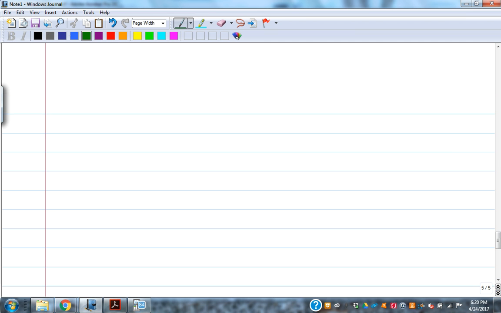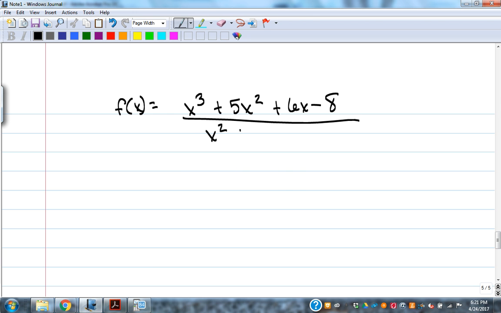So if you had this kind of function, maybe x cubed plus 5x squared plus 6x minus 8 over x squared plus 4x minus 3, we know that has an oblique because the degree of the numerator is 1 more than the degree of the denominator. 3 is 1 more than 2. So to find that oblique, you've got to do long division.